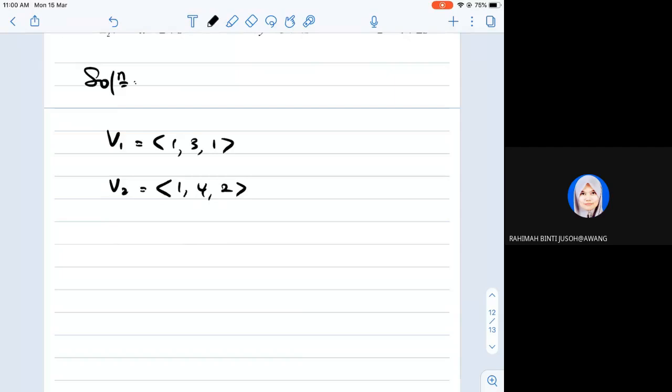So is there any value of k? From here, is there a multiplier that makes V1 equivalent to V2? There isn't. So, since V1 is not equivalent to kV2, thus not parallel. Okay, settled.